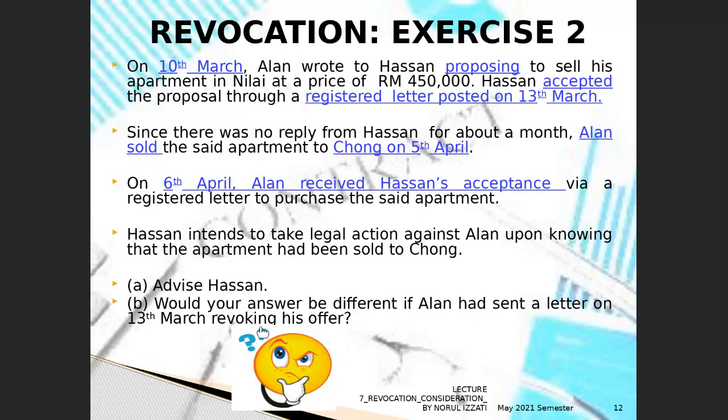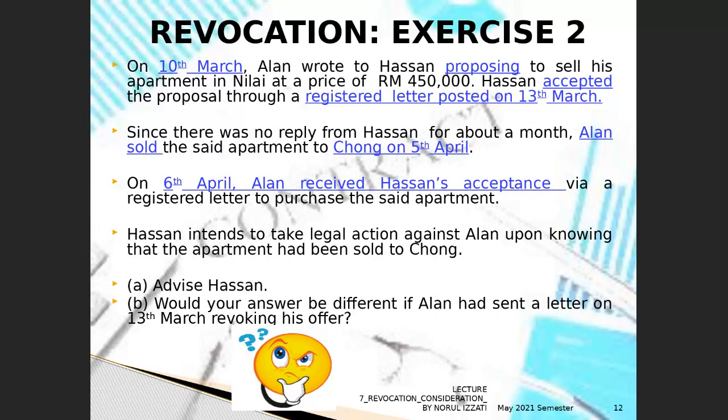So there are two issues here. Okay, number one, remember, once you see this question, if you think that you are not able to understand and see the flow, write down properly. Maybe you can write down, okay, I put here number one, 10 of March. What happened on 10 of March?